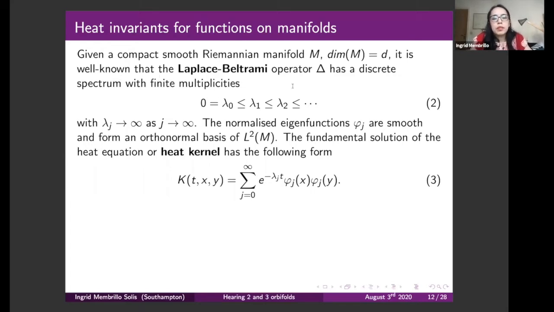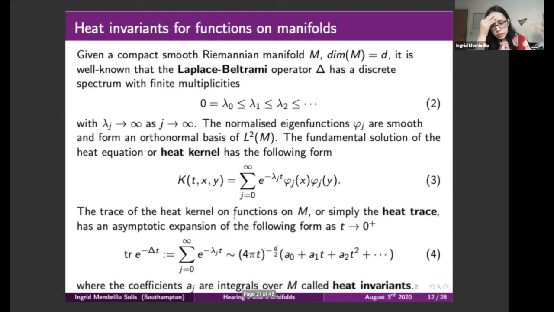Given a compact Riemannian manifold of dimension d, it is well known that the Laplace-Beltrami operator has a discrete spectrum with finite multiplicities, and the normalized eigenfunctions phi j are smooth and form an orthonormal basis of L2 of M, and the fundamental solution of the heat equation, or heat kernel, has the following form. So here we have this expression, which is just common knowledge.